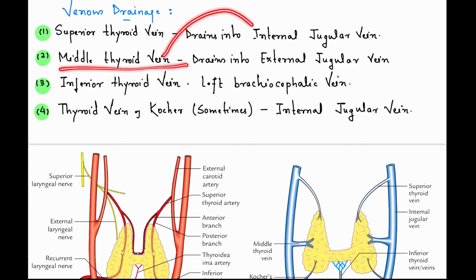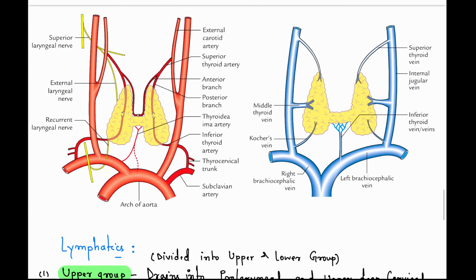The middle thyroid vein, the names describe themselves, drains into the external jugular. The inferior thyroid vein drains into the left brachiocephalic vein. And the thyroid vein of Kocher is sometimes present, sometimes absent. It drains into the internal jugular vein.